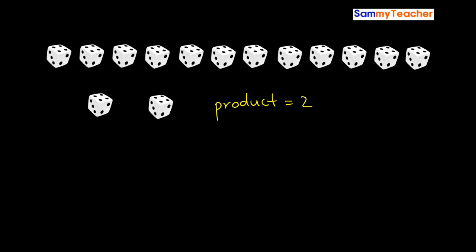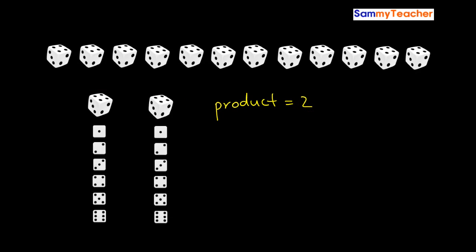Or if someone asks us to find the probability of getting 2 as the product of rolling 2 pieces of dice, we know each of the 6 possible outcomes of the first dice can match each of the 6 different outcomes from the second dice.